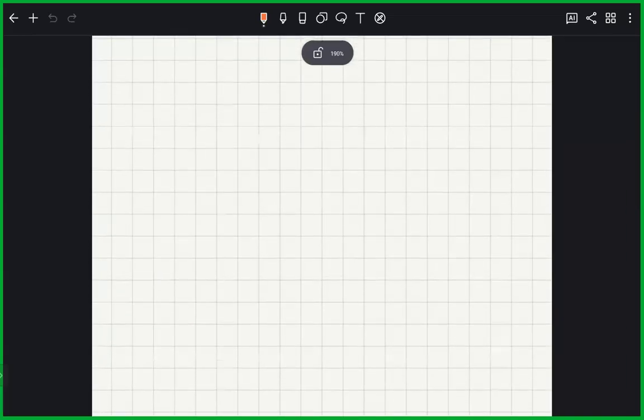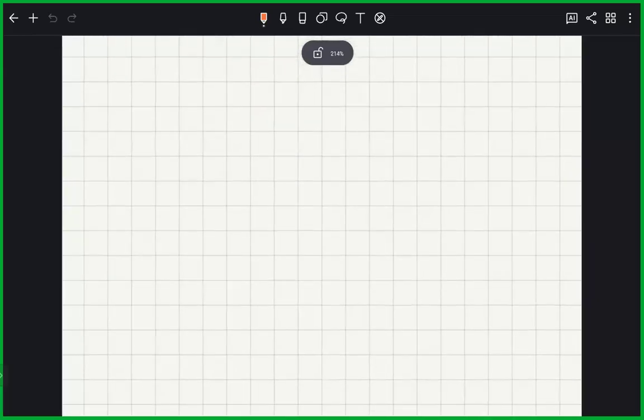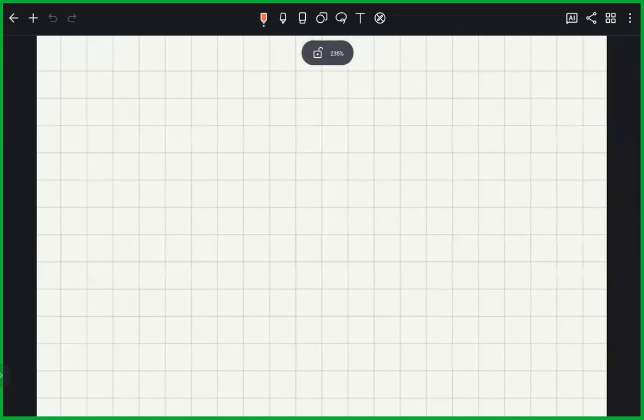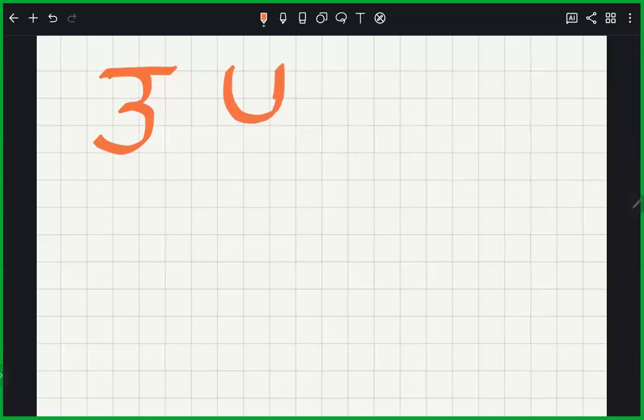Then Ta, Shirorekha and a tree-like figure. Tha, Da.